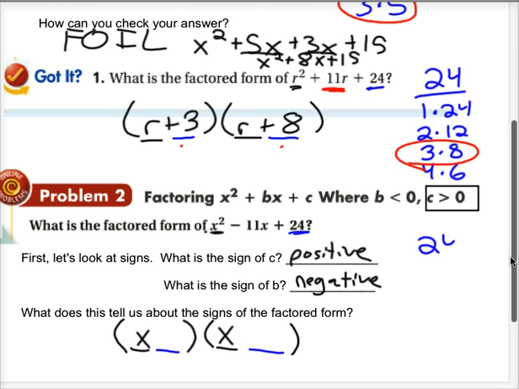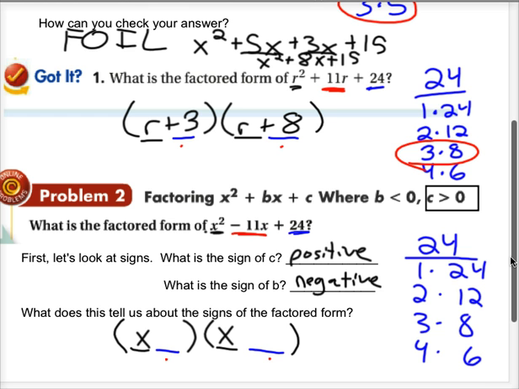Now, we've already gotten our list for 24. 1 and 24, 2 and 12, 3 and 8, 4 and 6. But this time we have a little bit of a twist because when we look at these two numbers, how in the world can they add to negative 11? If we have all positive numbers, how are they going to add to negative 11?